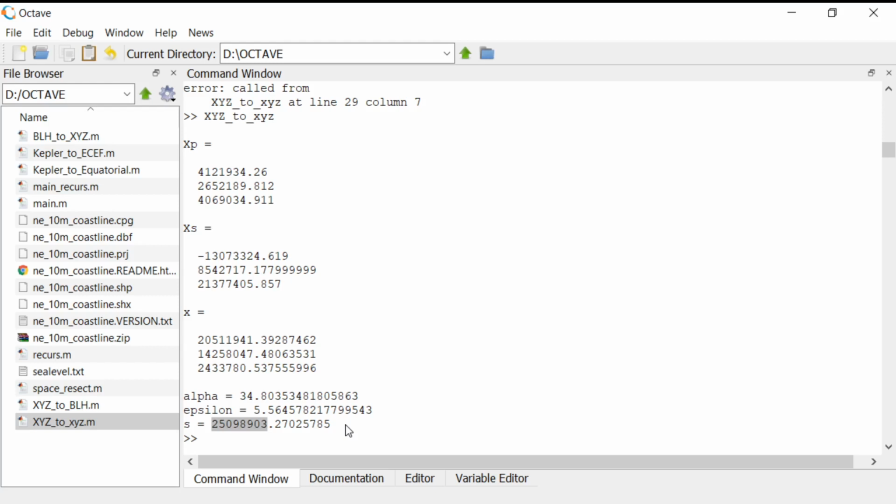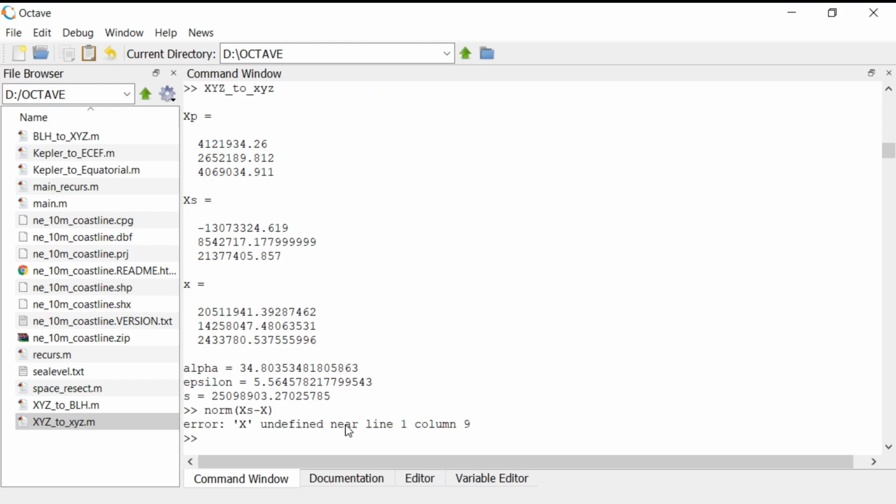Now one check we can carry out here. If I take the difference of the satellite's global coordinates and the point's global coordinates, and take the norm, I will obtain my slant distance. Let's do that. The norm of xs minus xe will be equal to the s distance.